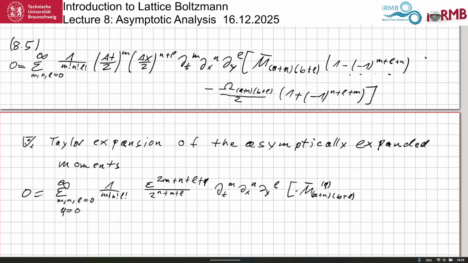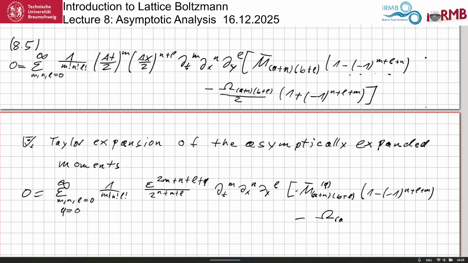So we collect all the epsilons in front, and then we still have 1 minus (-1)^(n+L+m) minus omega.